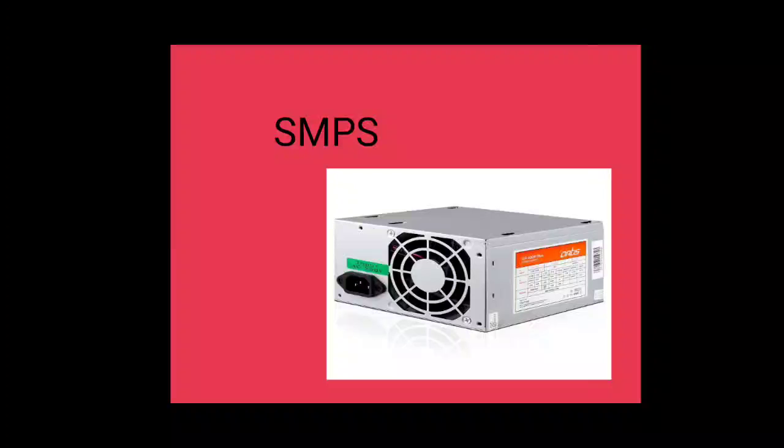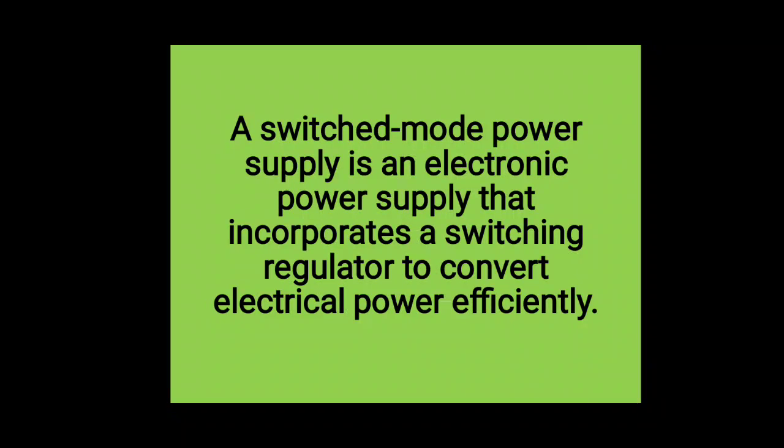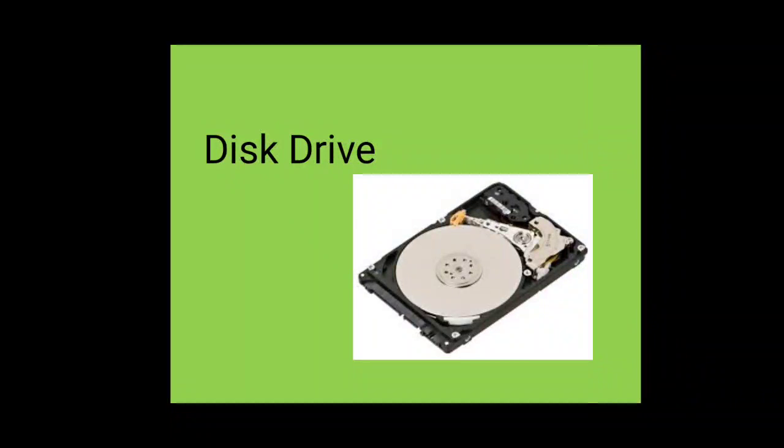And now comes the next one called disk drive. So this is a main part of the CPU also. This is a physical drive in a computer which is capable of holding and retrieving information.